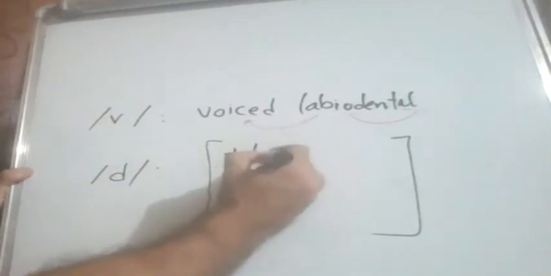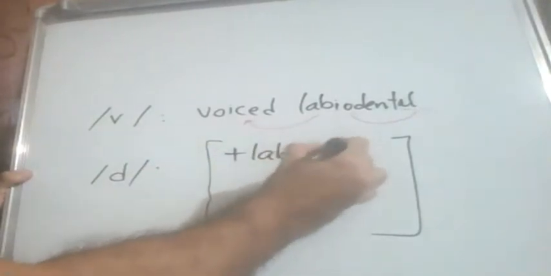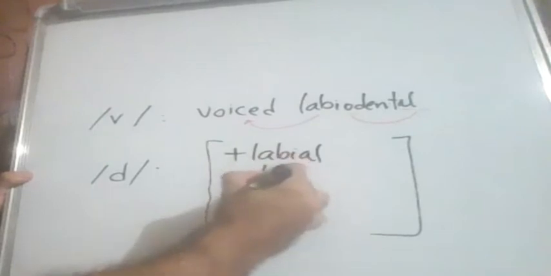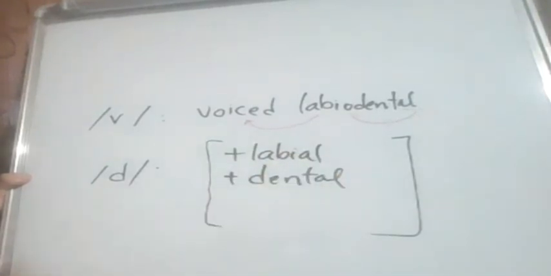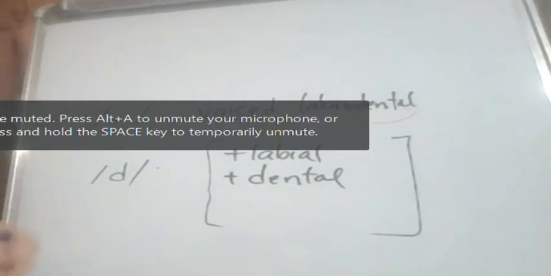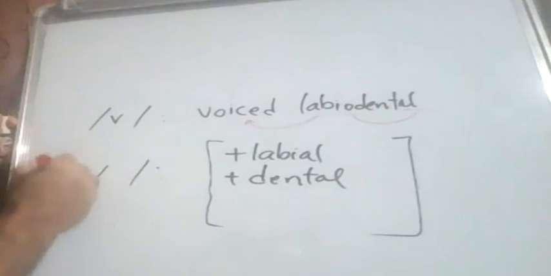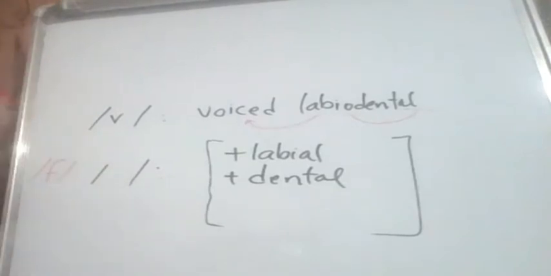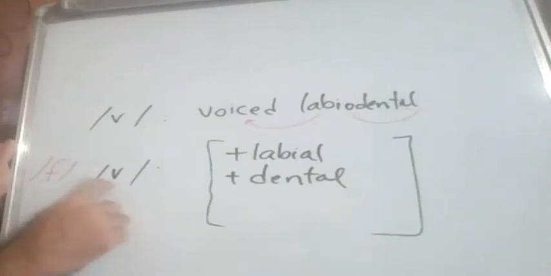So labiodental, remember, plus labial, plus dental. Now, with that description, I am describing these two sounds, which are the two labiodental sounds. But I am not asking you about these two sounds. I'm just asking you about one sound, which is v.